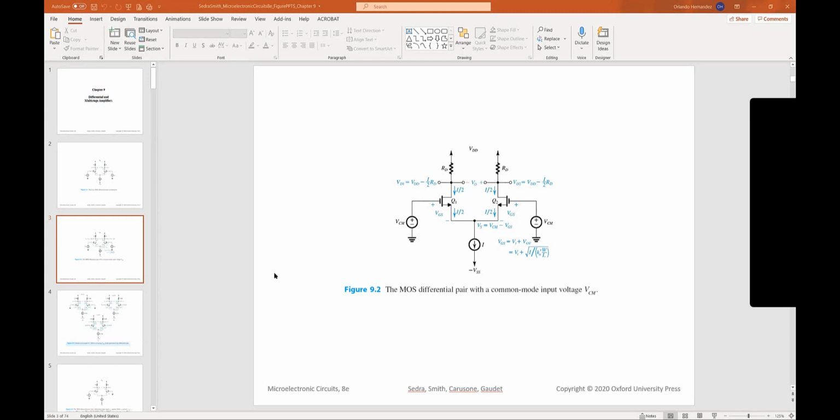What we're going to do next is start analyzing this topology for the basic differential input amplifier, the differential pair. So for that, I'm going to switch to my pad, and we're going to start working through that.